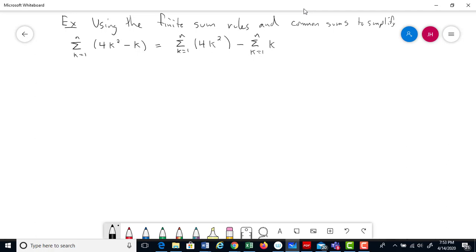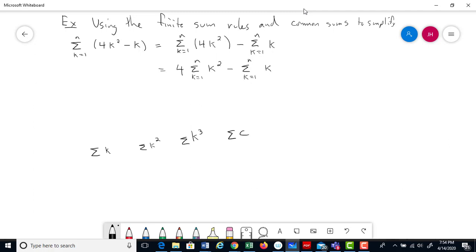Now I can pull out constants, so I can pull out that 4. So this is 4 times the summation from k equals 1 to n of k squared minus the summation of k equals 1 to n of k. What I'm trying to do is get one of these things: the sum of k, or the sum of k squared, or the sum of k cubed, or even the sum of some constant.